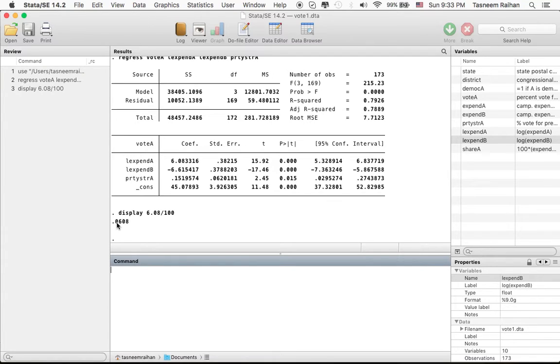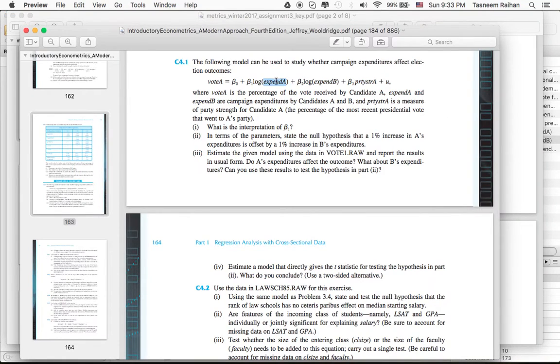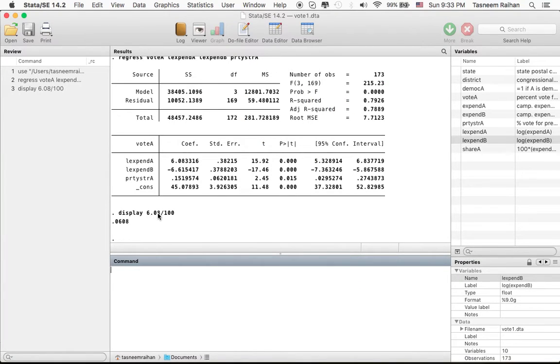Now, what you could also do is instead of dividing 6.08 by 100, you could just divide it by 10, and then instead of saying that we have a 1% increase in expenditure A, you just say a 10% increase in expenditure A would lead to 6.08 divided by 10, which is 0.608 percentage point increase in the predicted share of the vote going to A. Anyway, let's just stick to dividing this by 100, and whatever you get is 0.0608.